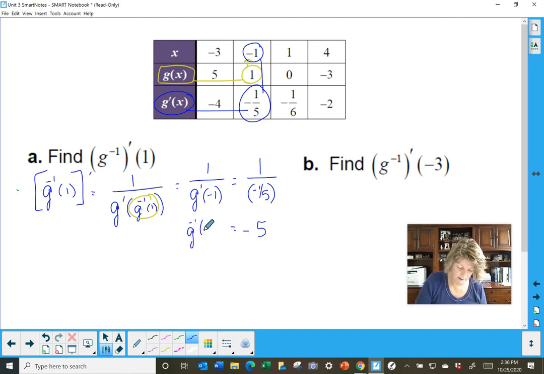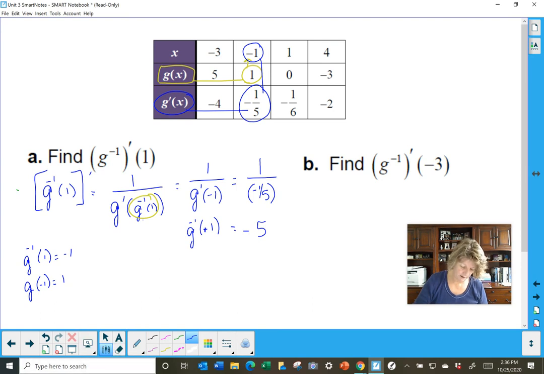The derivative of G inverse at 1 equals -5. That's the table work: G inverse of 1 turned out to be -1, so G of -1 we know equals 1, right? That inverse relationship. The x and y's are reversed.